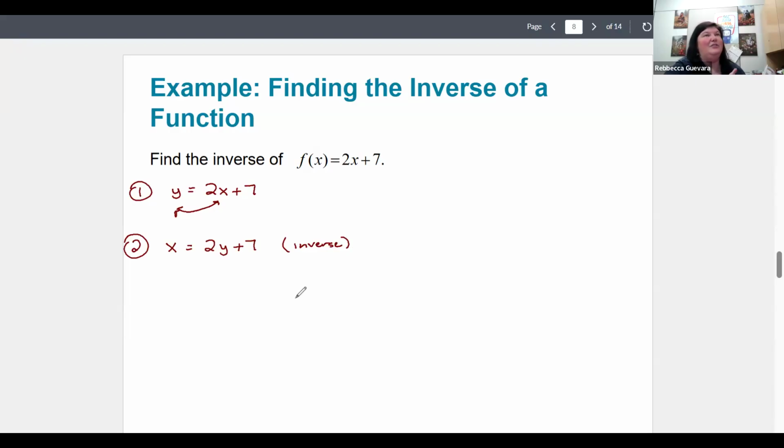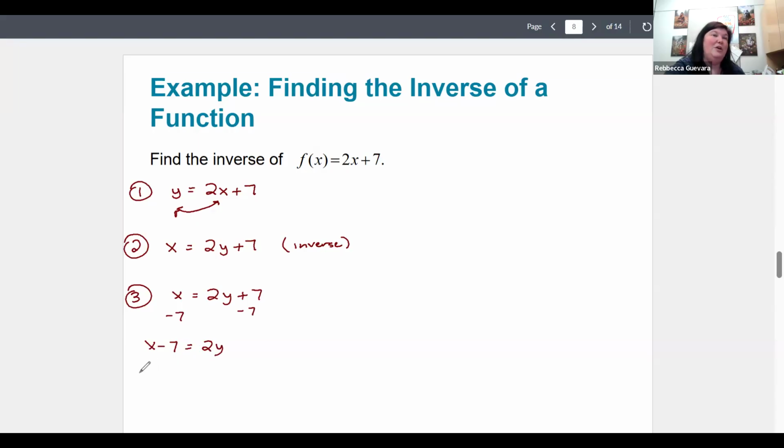You can have inverses of any kind of equation. We're looking for inverse functions right now. So I'm just going to call that the inverse because I don't know if it's a function yet, technically. I mean, it's going to be a function. Next, we solve for y. We'll subtract 7 from both sides. We get x minus 7 equals 2y.